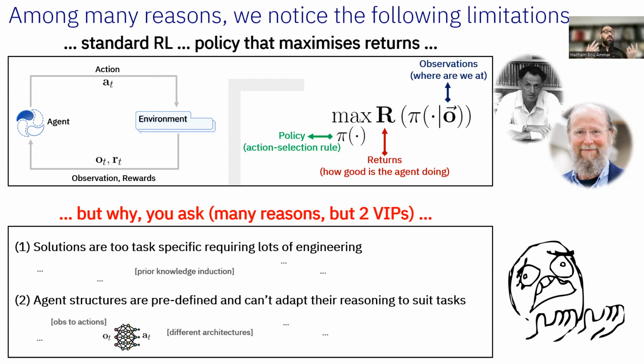This task might benefit from tool usage, but in another task we would like the agent not to use tools, but rather to have a reflection process with a large language model to think before it decides to take an action. So we would like the reasoning structure of our agent to change depending on the task we are interested in, and we don't want to prefix that upfront.